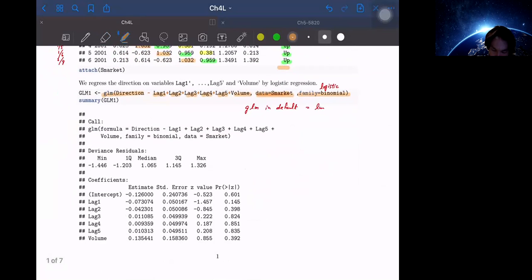And this is the output. You can see that we have the estimate, which is beta i hat, the standard error of beta i hat, and a Z value, which is beta i hat over the standard error of beta i hat.